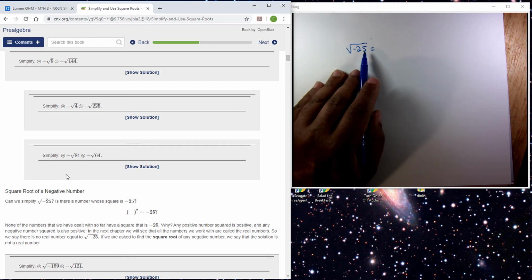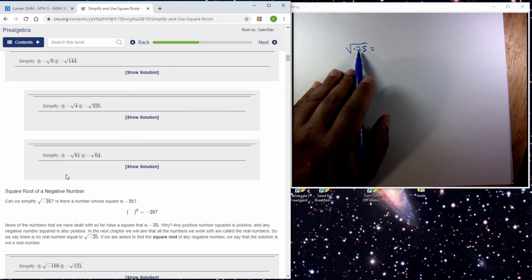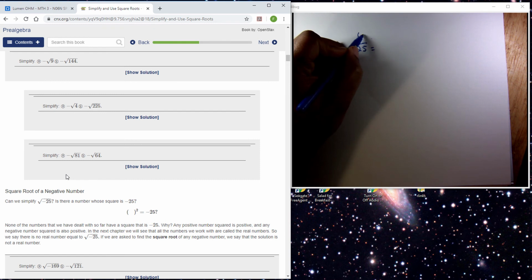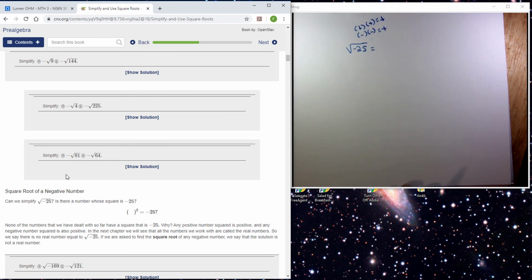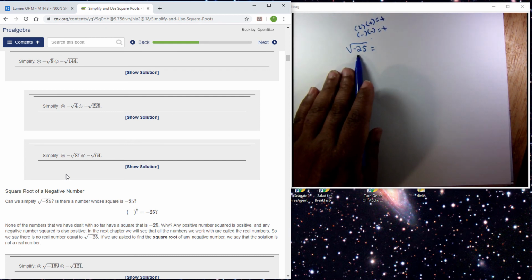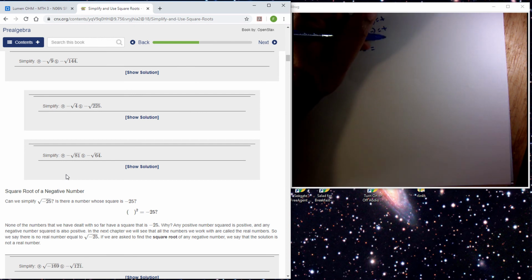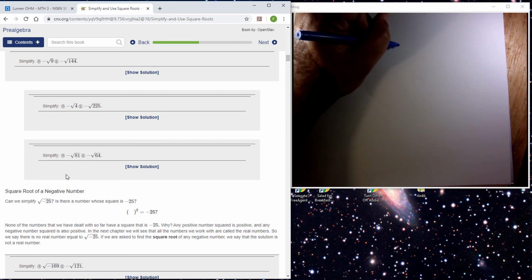Keep in mind, if it's a square root, then it's the same number, and that means the signs are going to be the same. And if the signs are the same, then the answer is positive. But in this case, it looks like the product is going to be negative, so the signs are not the same. There isn't a real number that'll work. So if they ask us to find the square root of a negative number, we simply write not a real number.